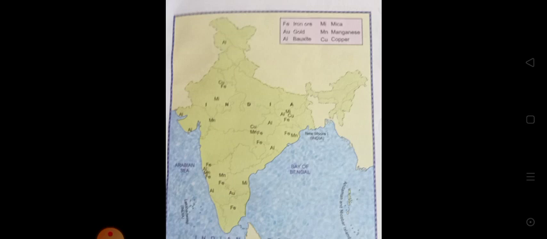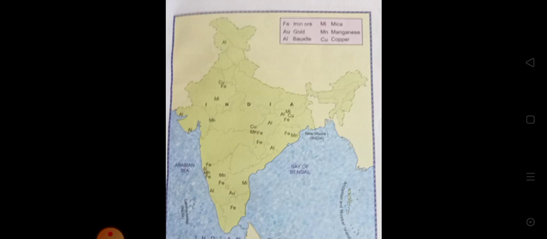The mountains and alluvial plains of northern India are comparatively poor in minerals. In these areas we cannot find that many mineral resources.